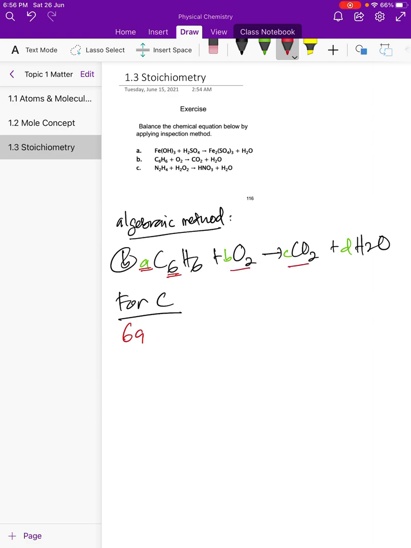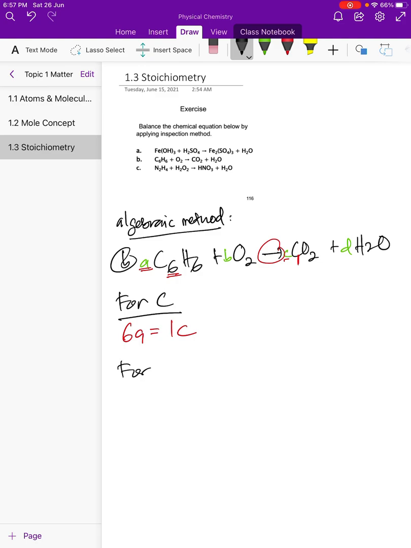Or here there is one carbon, sorry. So what will happen here is this arrow sign will become equal to. And we see we have one carbon over here. So 1 times C, I get 1C. Okay, this is for carbon.